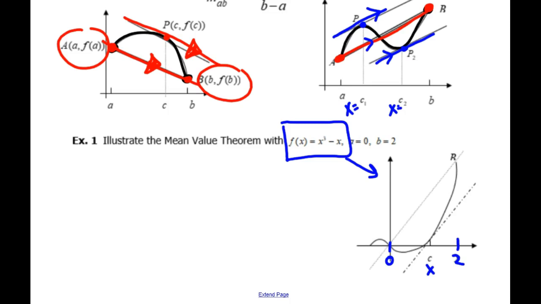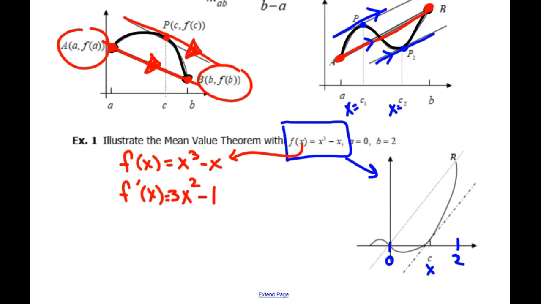So first thing we do is we take our function, x cubed minus x, and find the derivative of it, 3x squared minus 1.